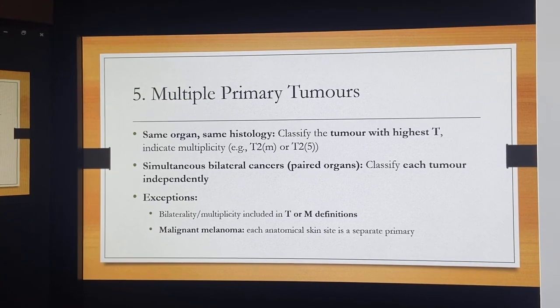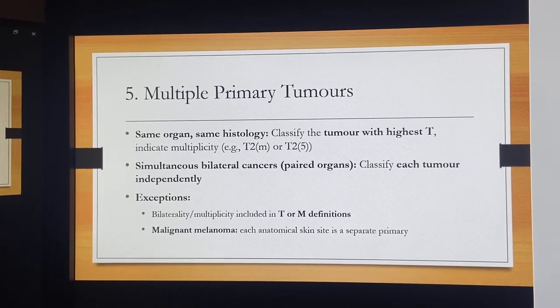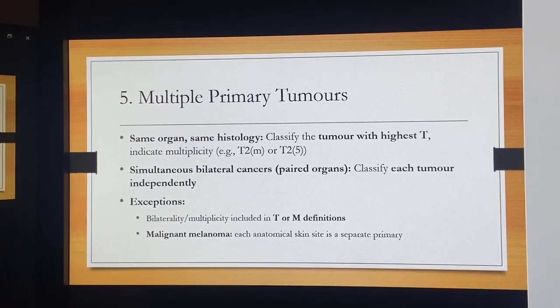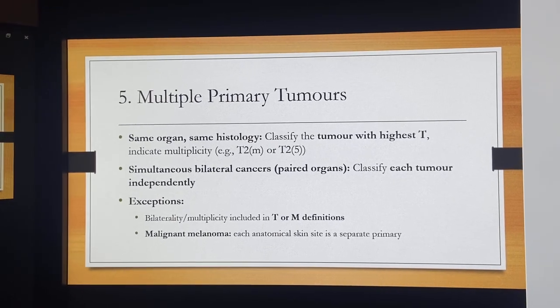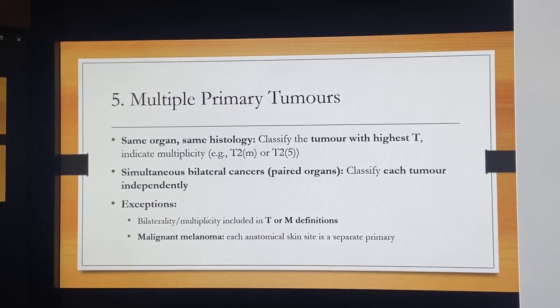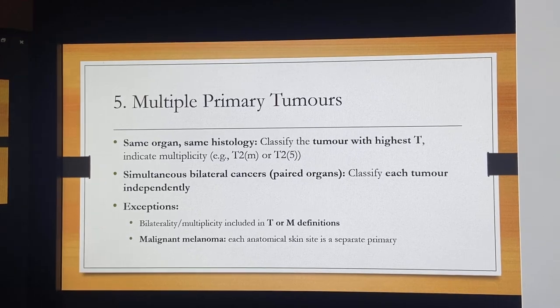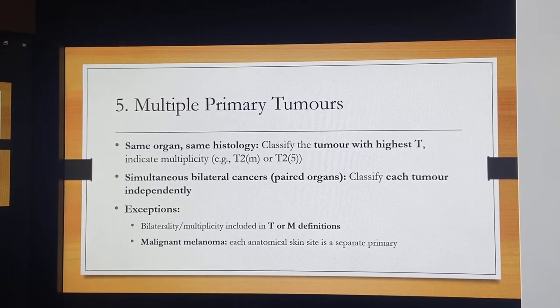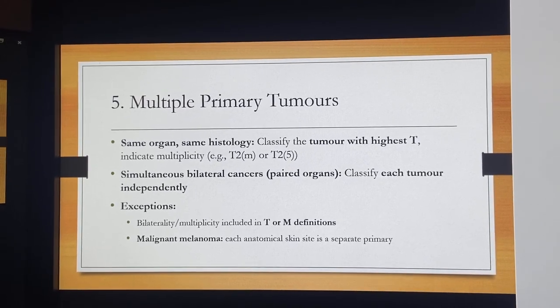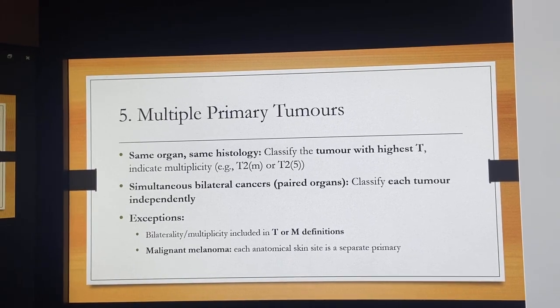For paired organs with multiple or bilateral primaries, each tumor is staged separately, except when bilaterality is already built into the T or M definitions, or in malignant melanoma, where each anatomical skin site counts as a separate primary.